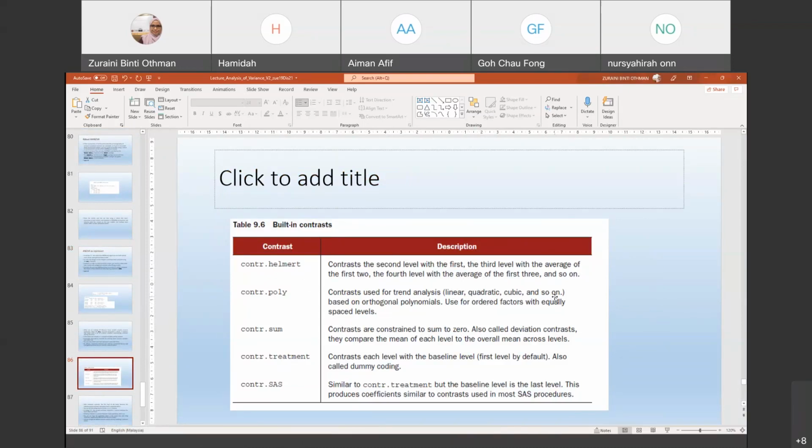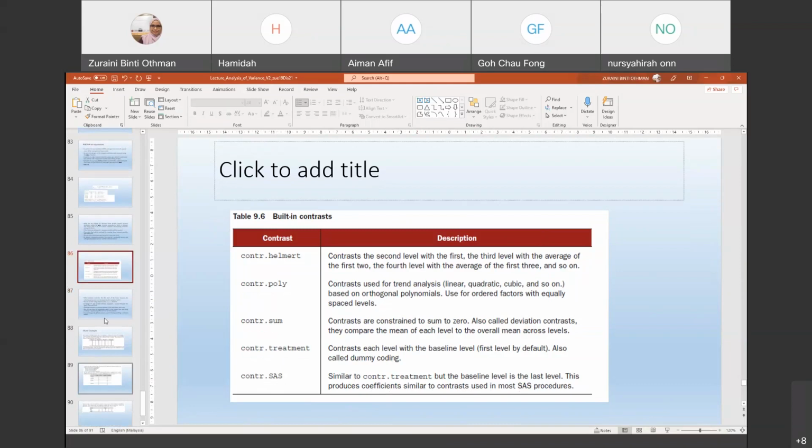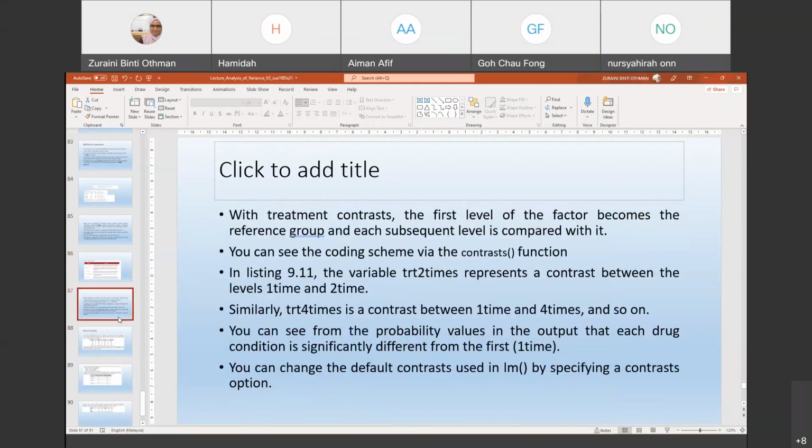Sum, with sum of zero, is called deviation contrast. Treatment contrasts each level with the baseline level. SAS contrast is like treatment, but the baseline level is the last level. This produces coefficients similar to the contrast used by the SAS procedure.